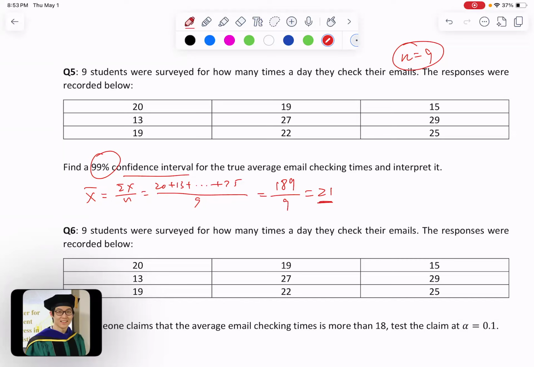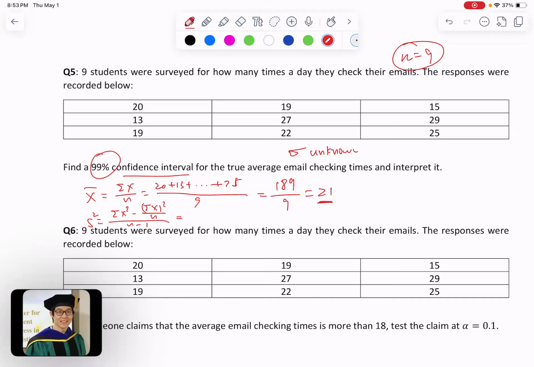And standard deviation, right? So we need a standard deviation because this is a sigma unknown question, right? So s squared is sum of x squared minus sum of x squared over n, over n minus 1. That's the sample variance. Let's start from there.